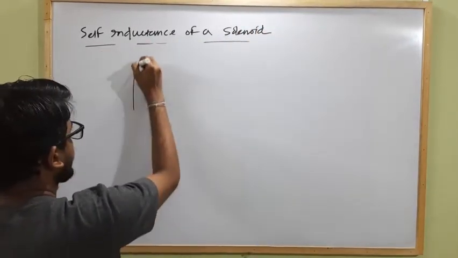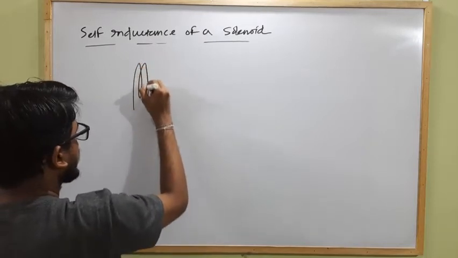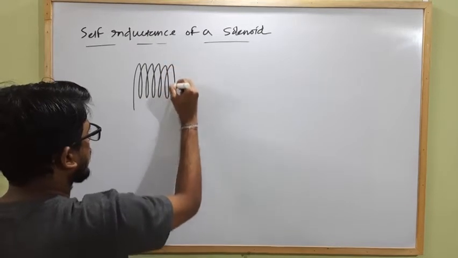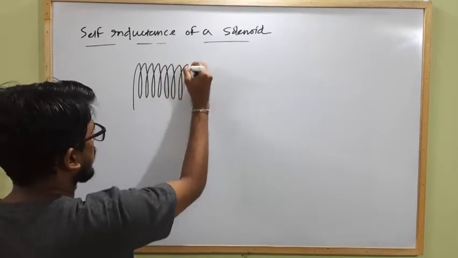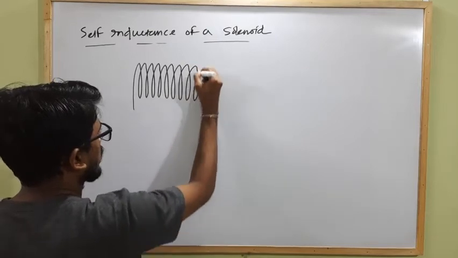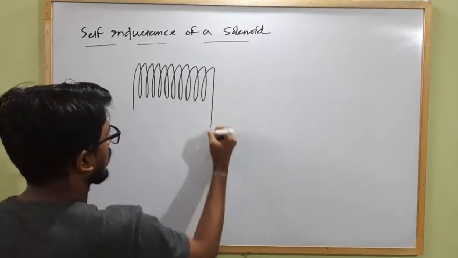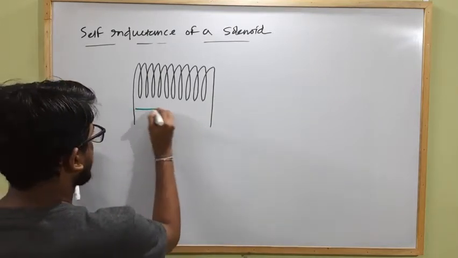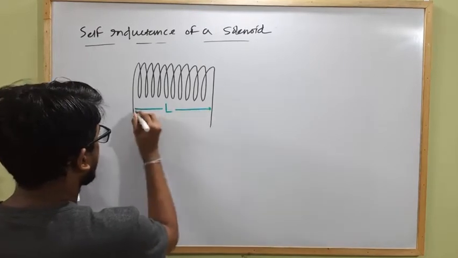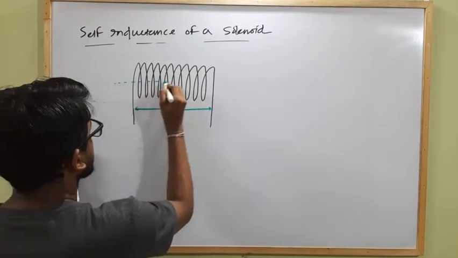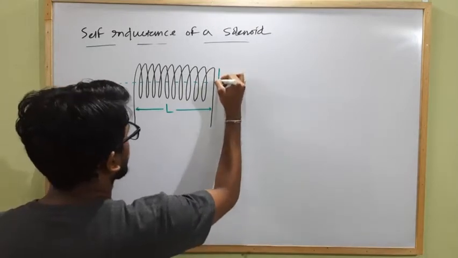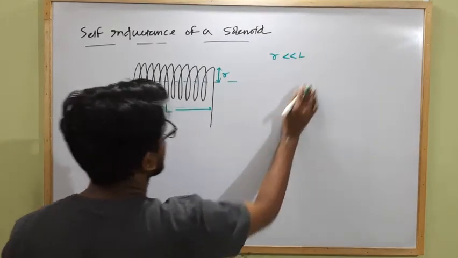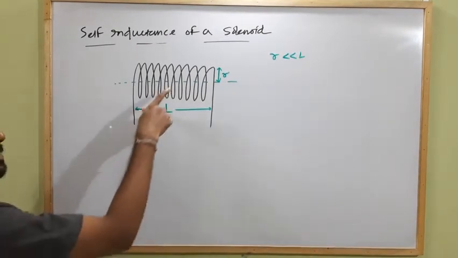So just draw a solenoid. This is an ideal solenoid, and the length of the solenoid is L. This is the axis, and the radius of the solenoid is small r, and here small r is very much less than the length of the solenoid, as it's an ideal solenoid.